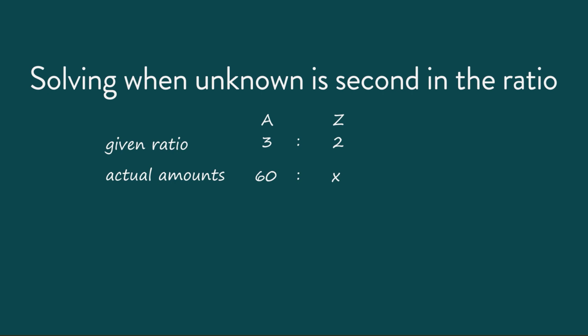Using method 1, we have x divided by 60 equals 2 divided by 3. X equals 2 divided by 3 times 60. Removing the common factor 3, x equals 2 times 20, x equals 40.